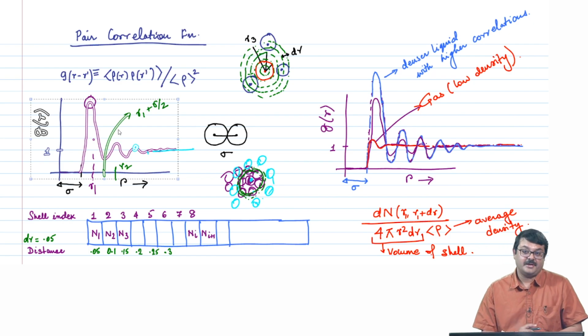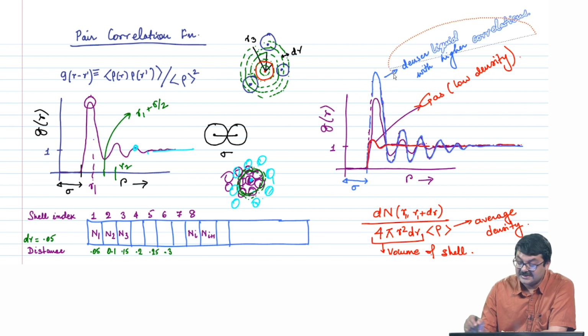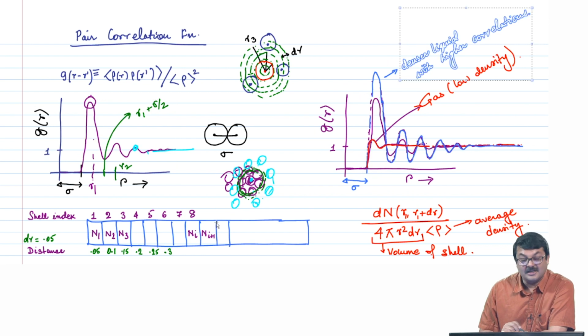Now, if the density of the liquid is decreased, then you will find the peak will go down, or rather if you increase the density of the liquid, then this peak will increase, and you will have a higher peak, a higher second peak and third peak, and so on.